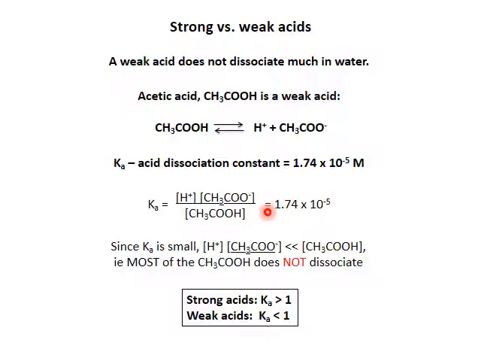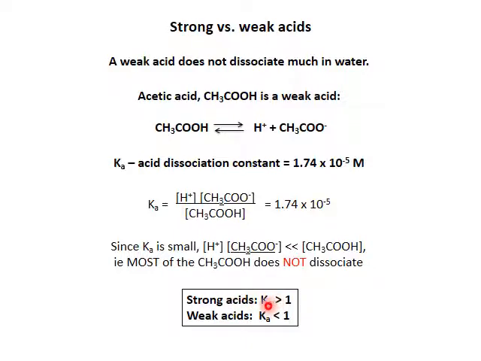So that means this is over 1. There's actually a lot more of the acetic acid present in solution than there is of the conjugate base or the proton. So most of the acid exists in the acidic form. This is much different than it was for hydrochloric acid.